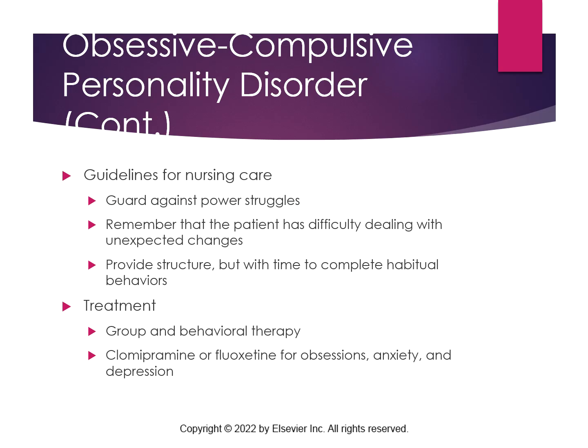The guidelines for nursing care include to guard against power struggles. Remember that the patient has difficulty dealing with unexpected changes, and provide structure but with time to complete habitual behavior. They may need a longer period of time to complete the rituals that they have developed, and they really do need to complete the rituals.